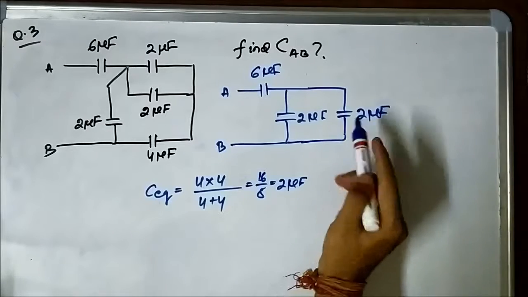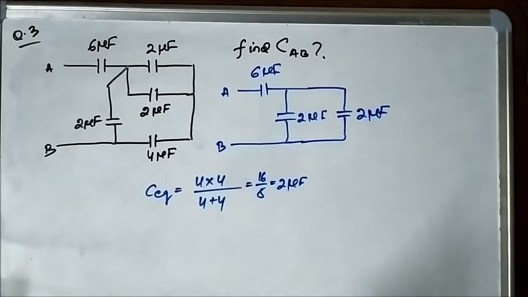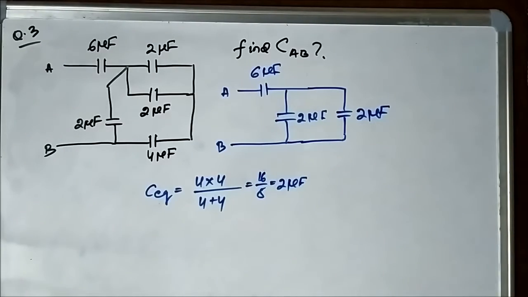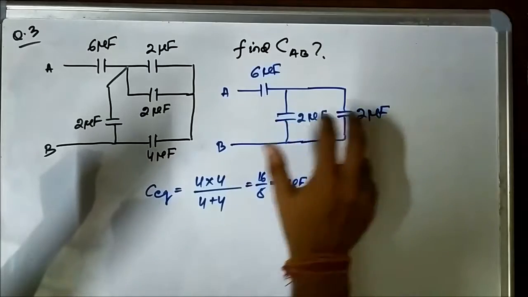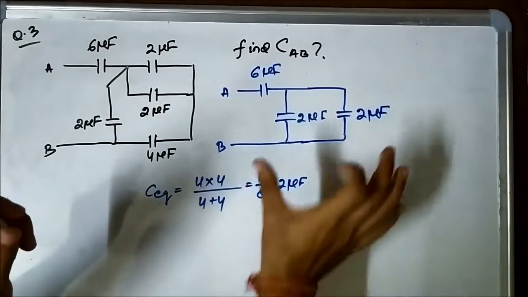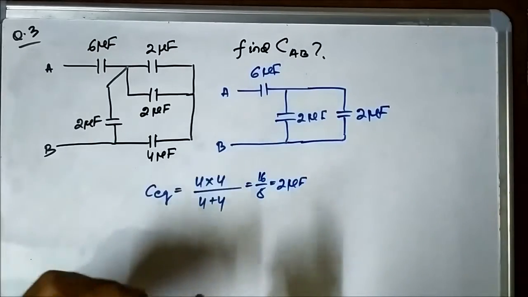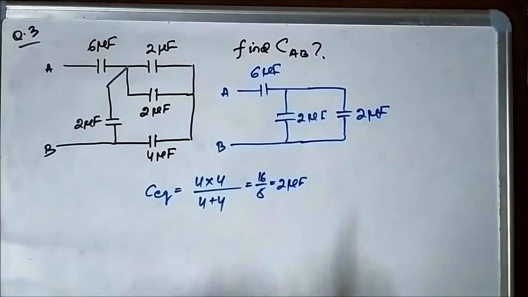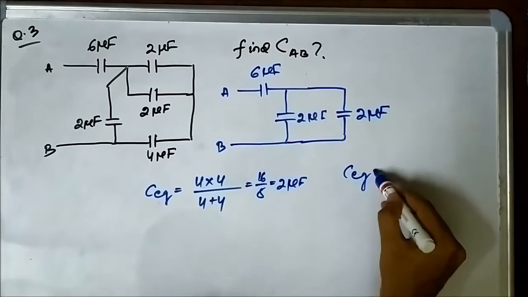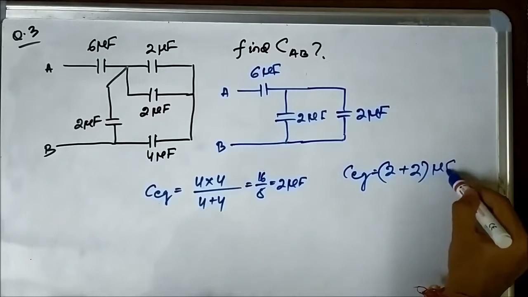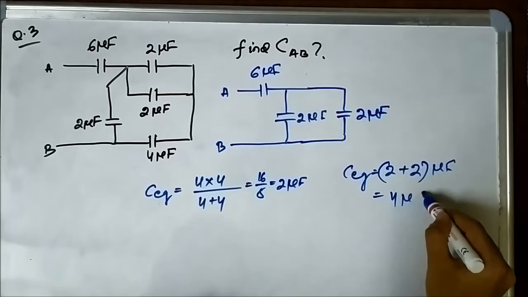So we found the equivalent capacitance of the two 4 microfarad capacitors which were connected in series, and we got it as 2 microfarad. Now this capacitor and this capacitor, the two 2 microfarad capacitors, are connected in parallel. So the equivalent capacitance will be simply 2 plus 2, that is 4 microfarad.